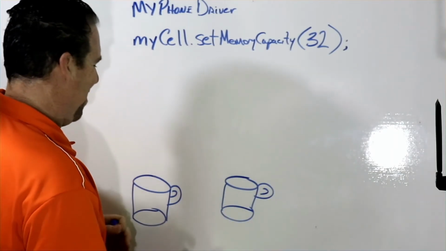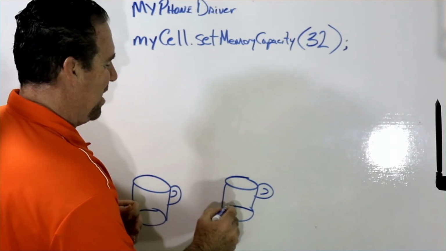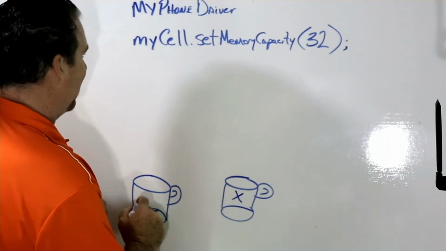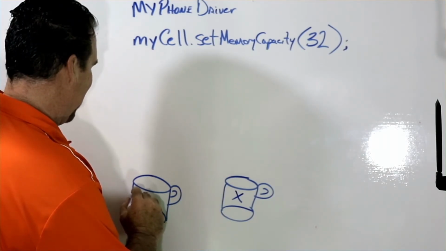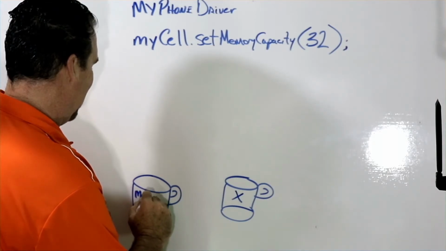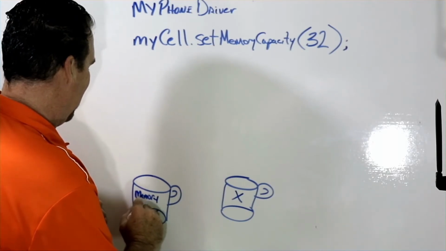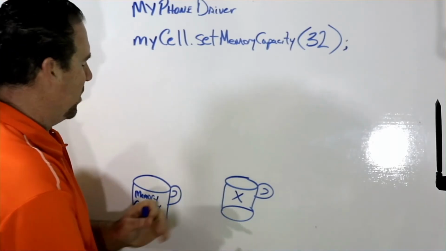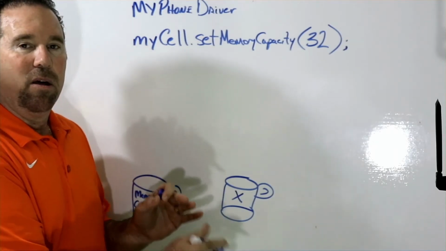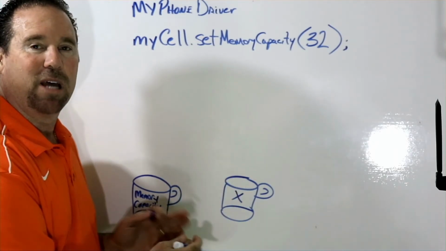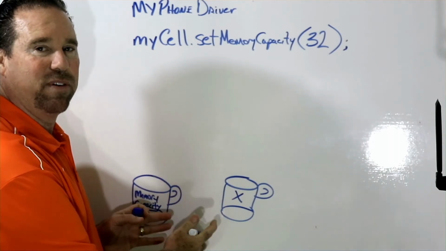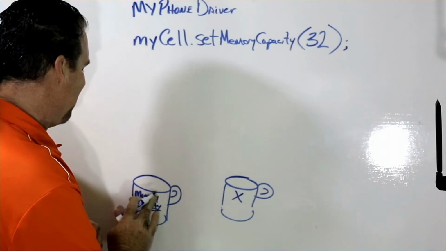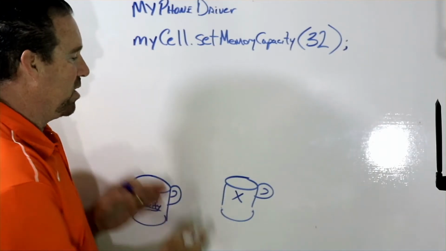So this one's going to be called X, and let's call this memory capacity. I always tell my classes, variables are just held in some type of container. And since I know how to draw a coffee cup, I just always draw coffee cups. These are my coffee cups and they're going to hold my variables.